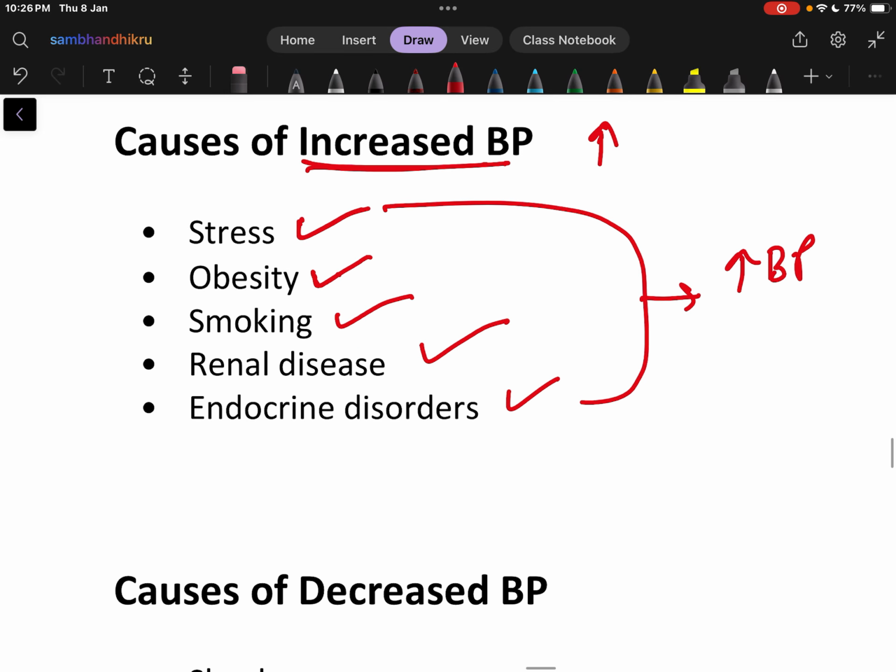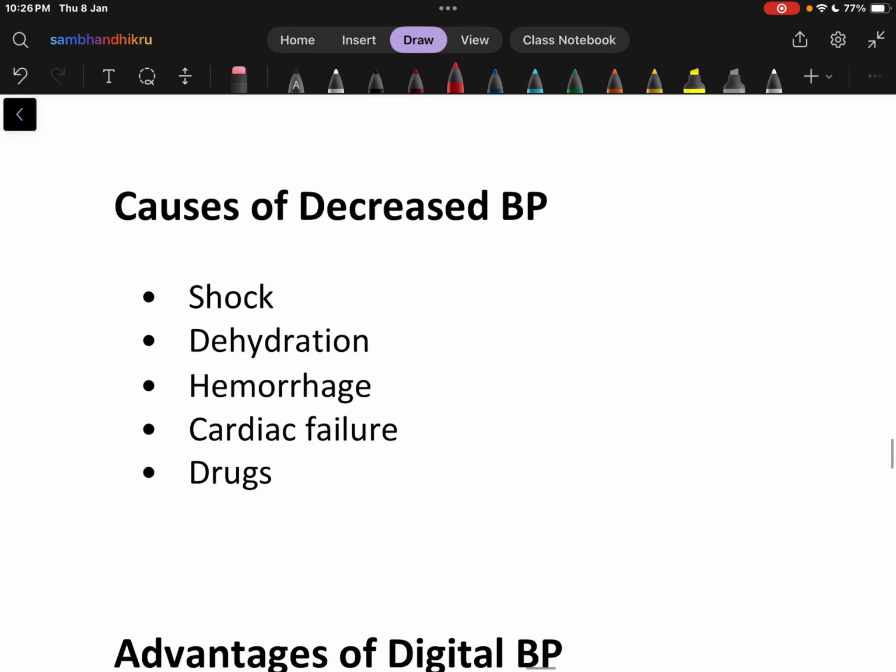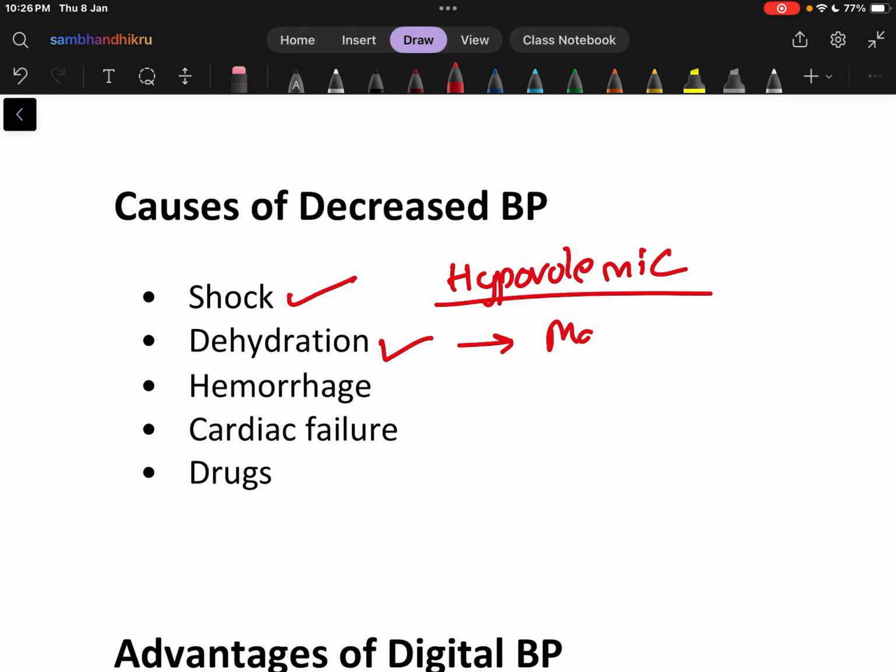Yes. What are the causes of decreased BP? Shock, especially hypovolemic shock. Next, dehydration. In malnutrition patients also we can see this, especially protein energy malnutrition.